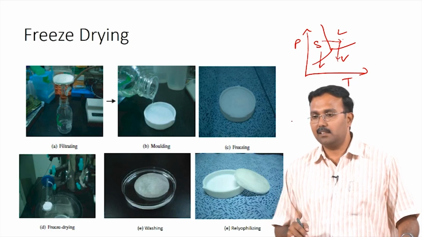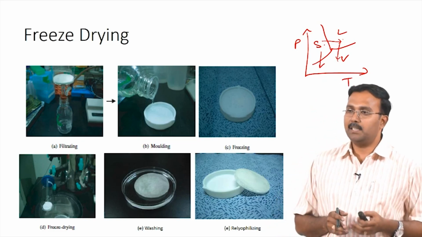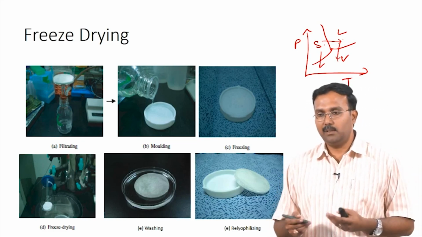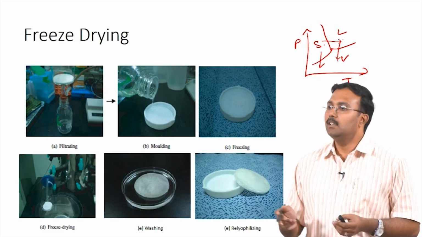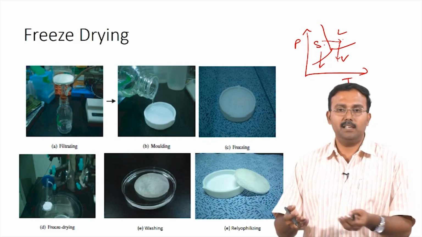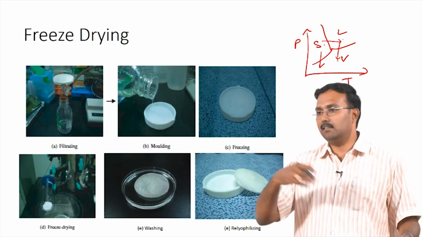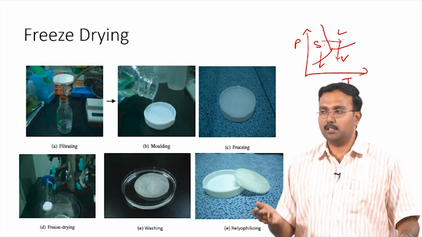So it depends on which pressure region you are in, right? That's why you create vacuum during lyophilization, and at vacuum you make sure that you can actually sublimate it at low temperatures rather than heat it and have a vaporization process.